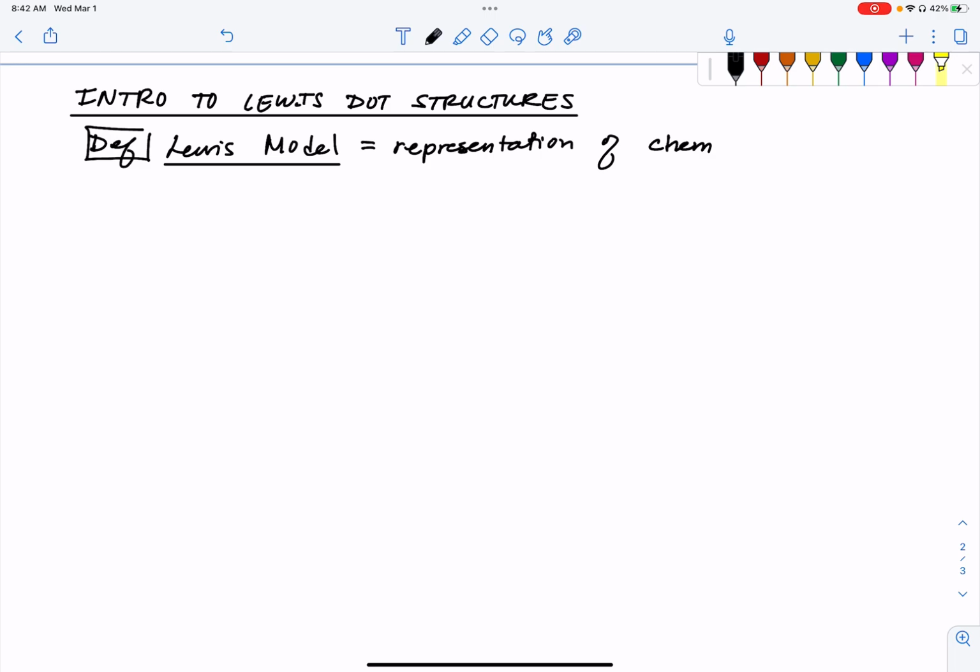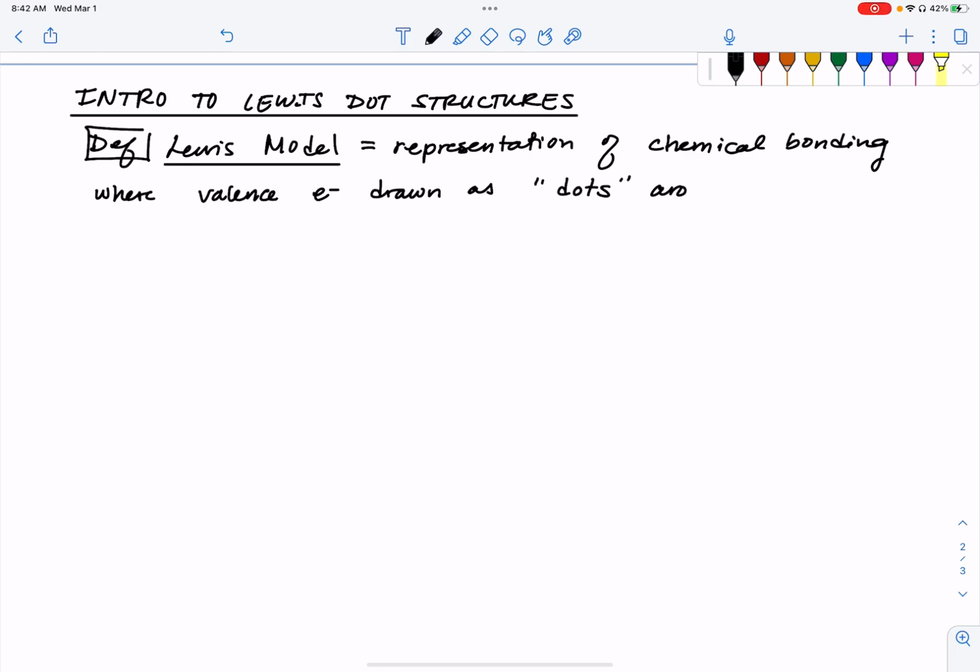So I'm going to say it's a representation of chemical bonding where valence electrons are drawn as what we call dots around an element symbol.